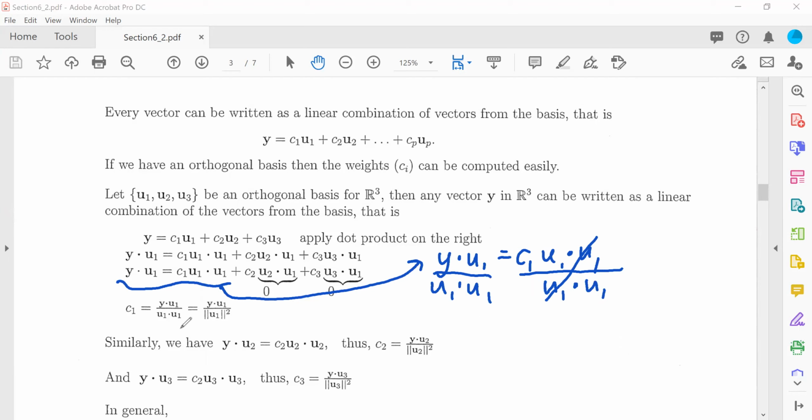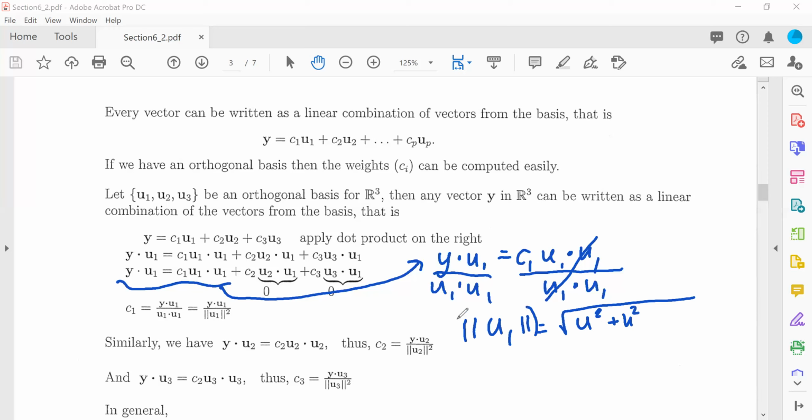And we know that u1 dot product u1 is the norm squared, right? We had that the norm of u1 is the square root of the sum of squares of the numbers, right? u1 square plus u2, or the coordinates. So we would need to denote them differently because this one is u1, u2 square, and so on.